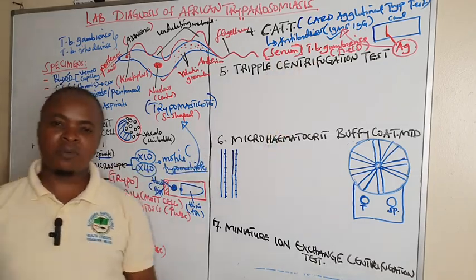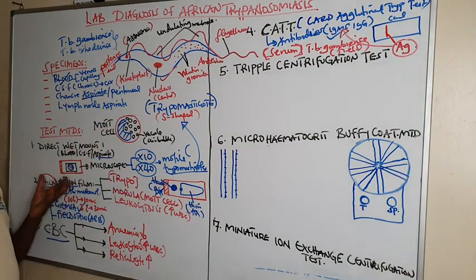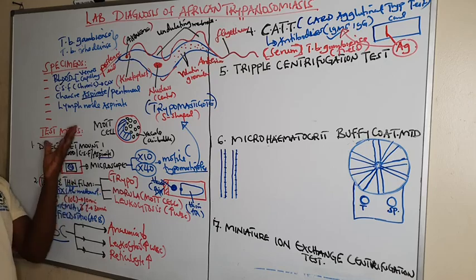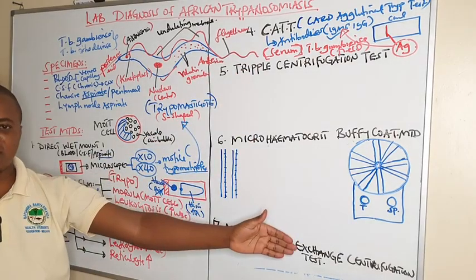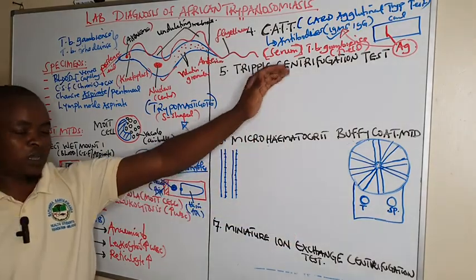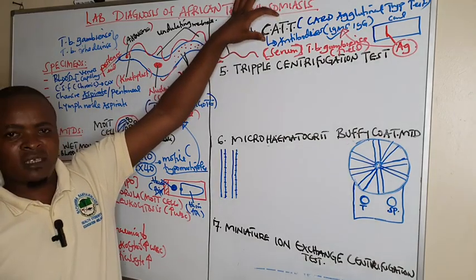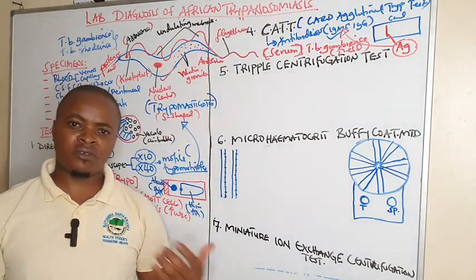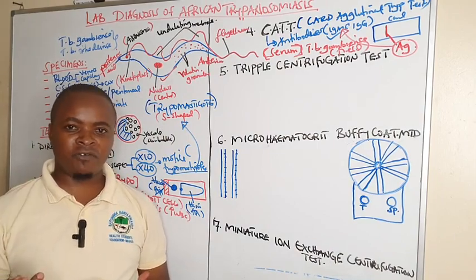But in case they are positive, you have to go ahead and do further tests, like the stained thin film, the direct wet prep. You go ahead and after doing these centrifugation techniques, you are able to confirm. So this antibody test is not confirmatory, so you have to go ahead and confirm, because it is not specific.